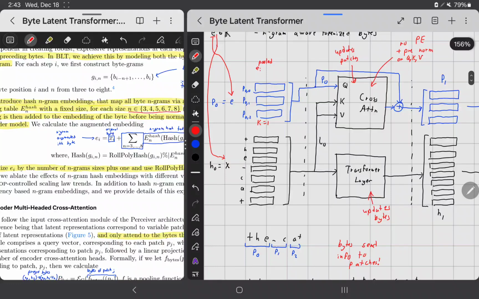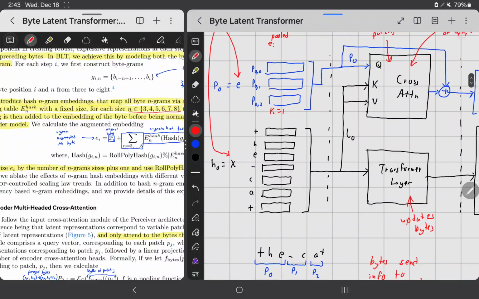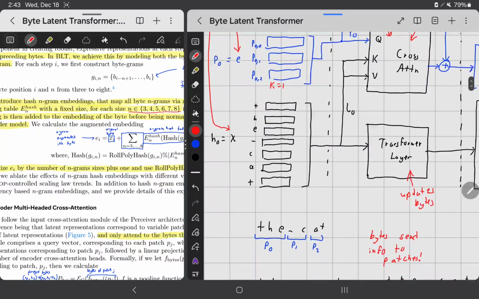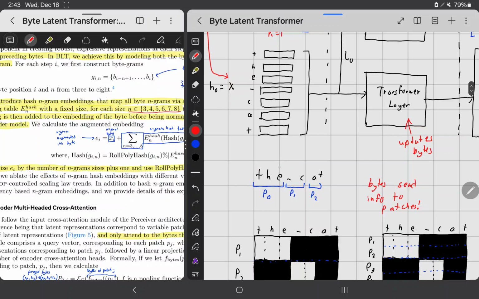The way we patchify this is we're going to use cross attention to basically distill information from our bytes into these patches. So let's say we have this sequence here, the cat, and we have 3 patches that we want to distill it into, because let's say our original entropy model said this is high entropy, this is high entropy, and this is high entropy.